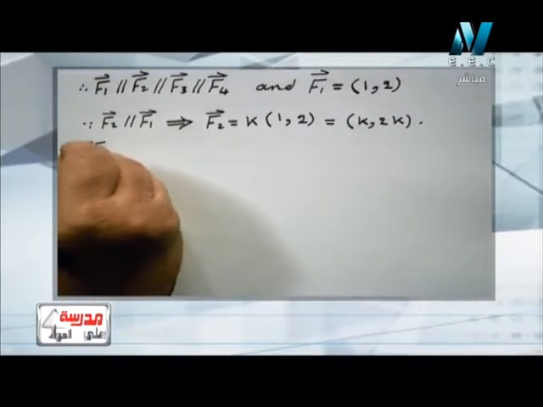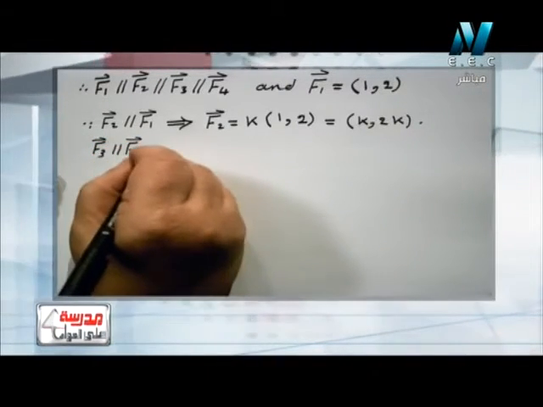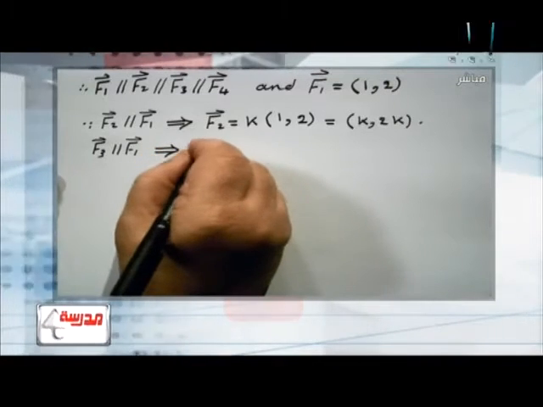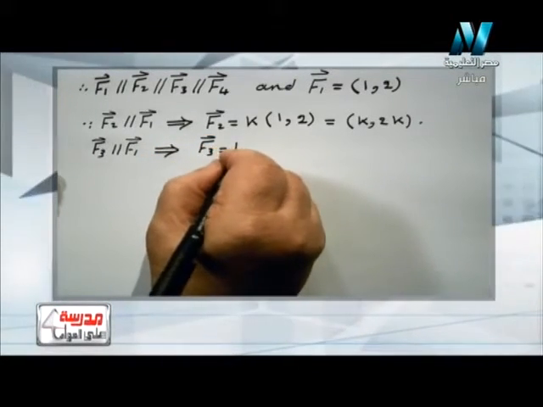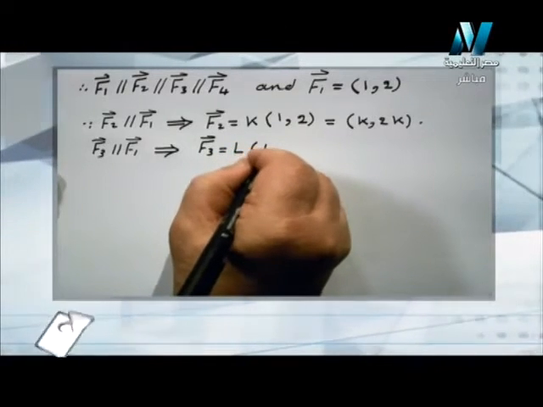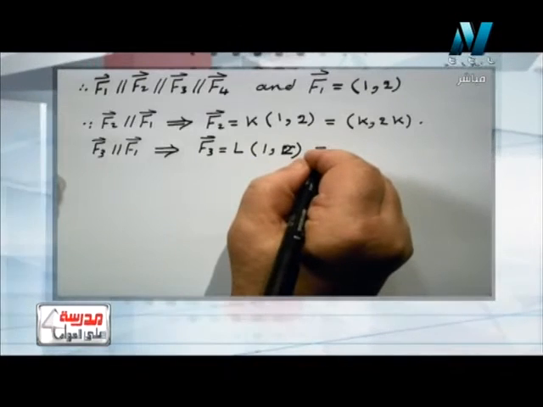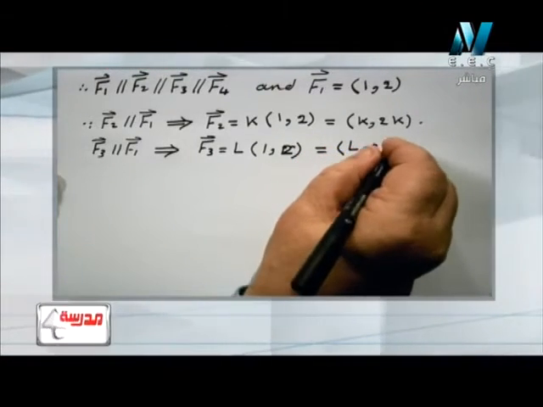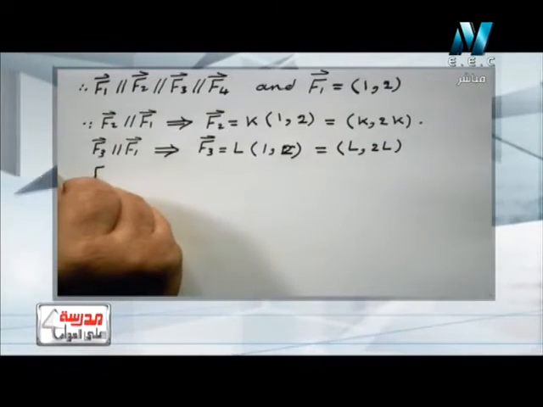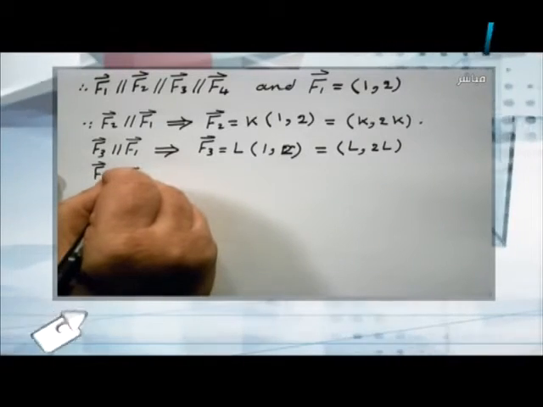F3 parallel to F1, therefore F3 equals L, another constant, times F1, 1 and 2. Therefore, it is equal to L and 2L. Third, F4 parallel to F1.